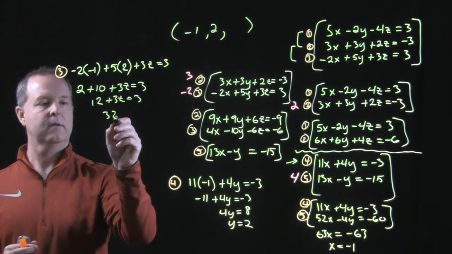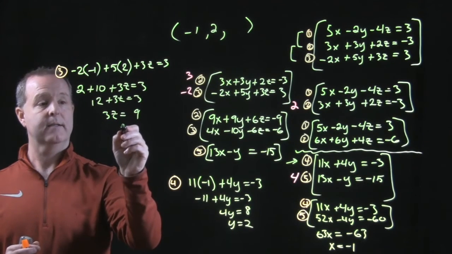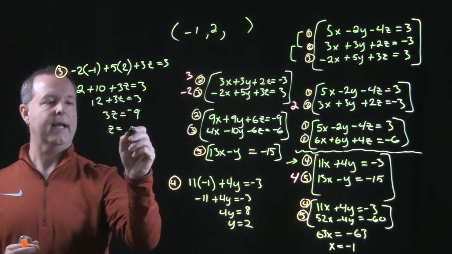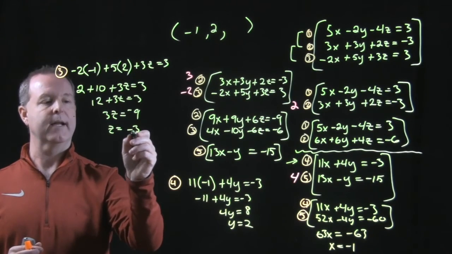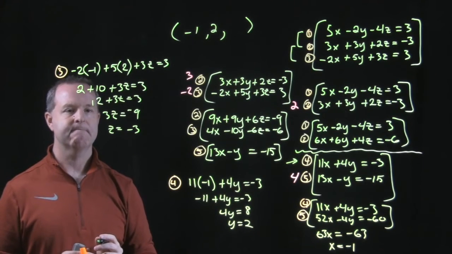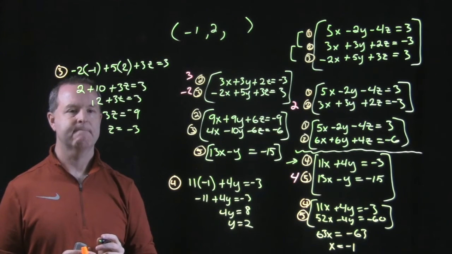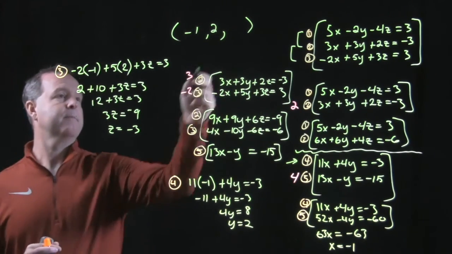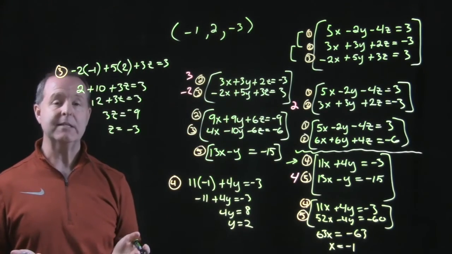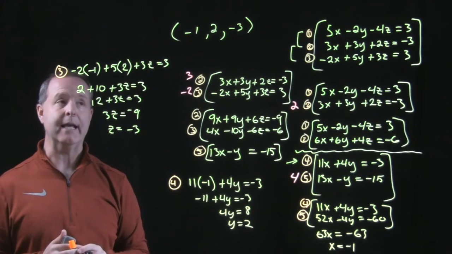Subtract 12 gives me a negative 9, and z equals a negative 3. Looks correct. And then I have what appears to be my solution, negative 1, 2, and negative 3.